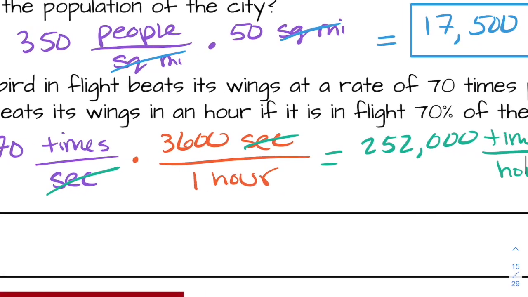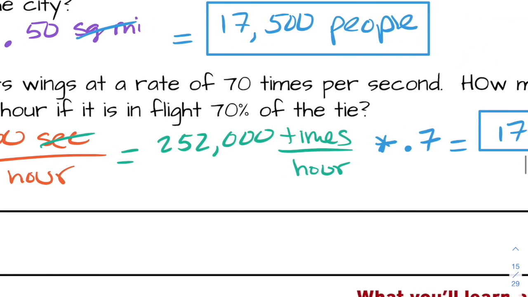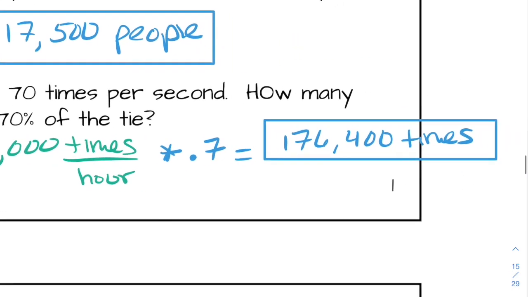So I multiply them together and I get 252,000 times per hour, which is crazy, but that's how hummingbirds stay in flight. And I multiplied that by 0.7, or 7/10 or 70%. And that gave me 176,400 times because it was only flying for 70% of the time.